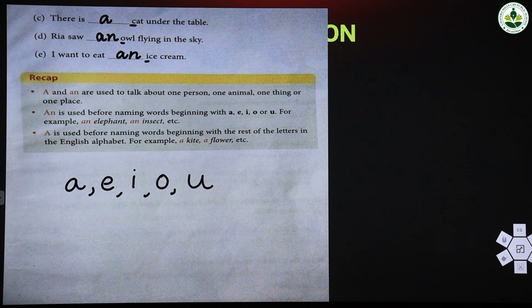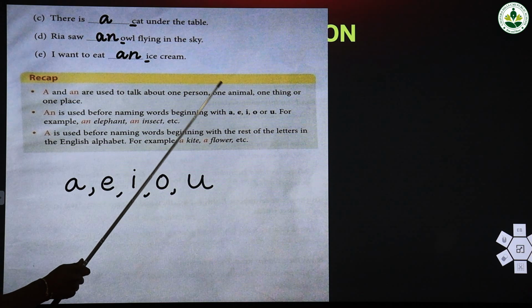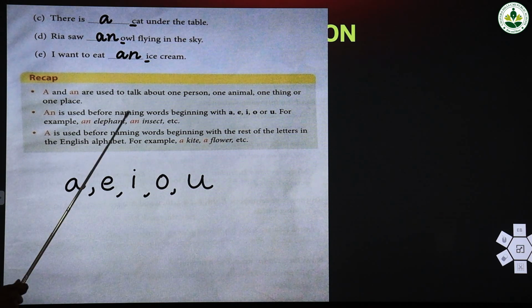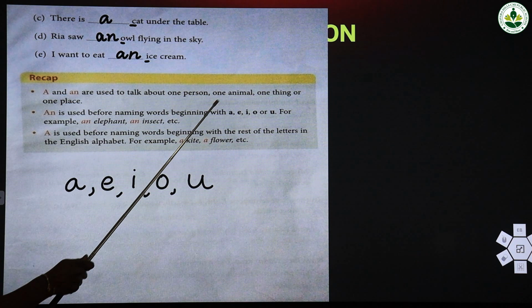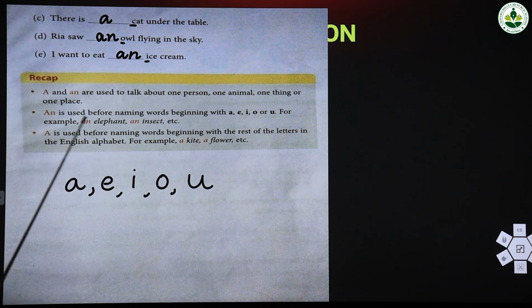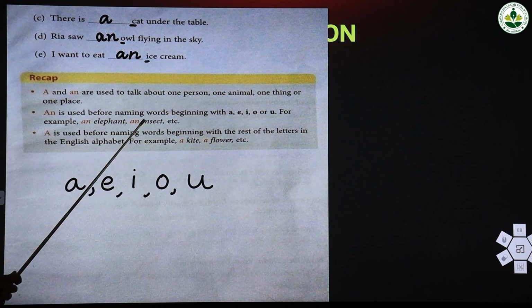Okay, finish writing. So, what did we study today? All of you listen. A and an are used to talk about one person, one animal, one thing or one place. An is used before naming words beginning with A, E, I, O or U. For example, an elephant, an insect.